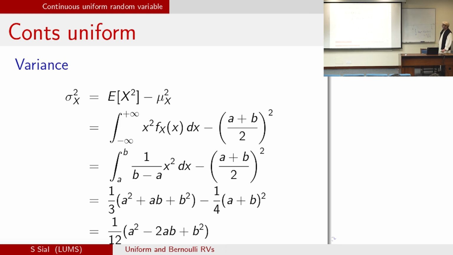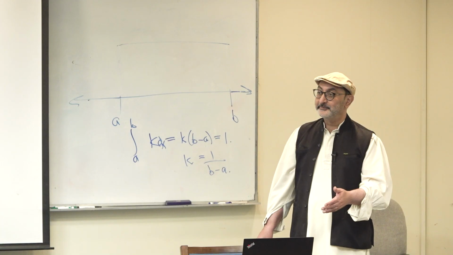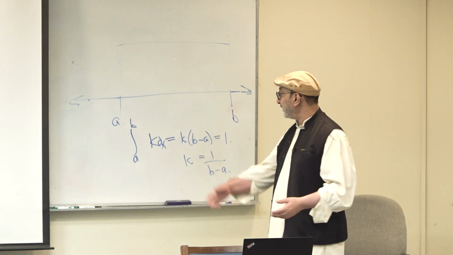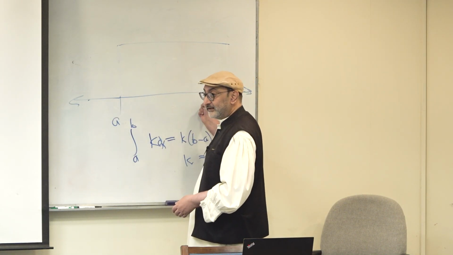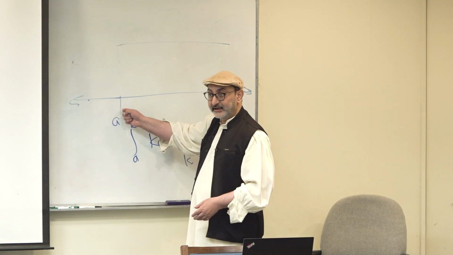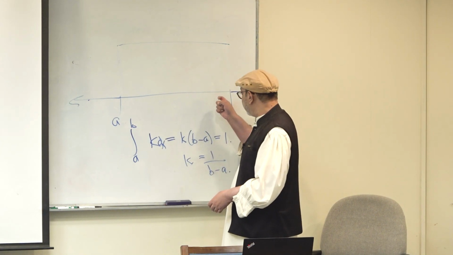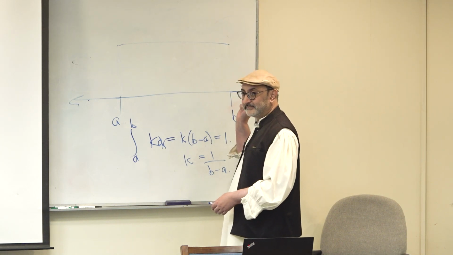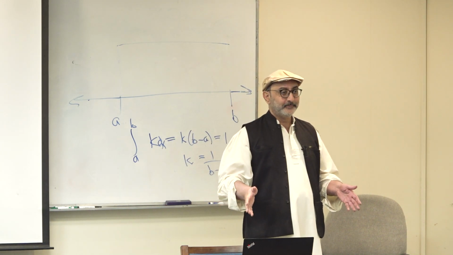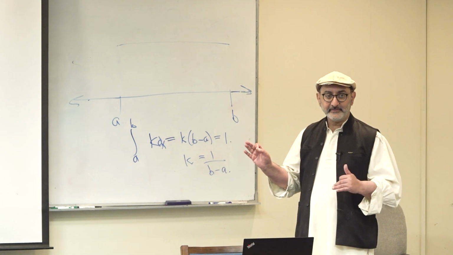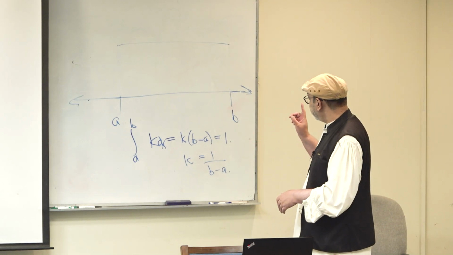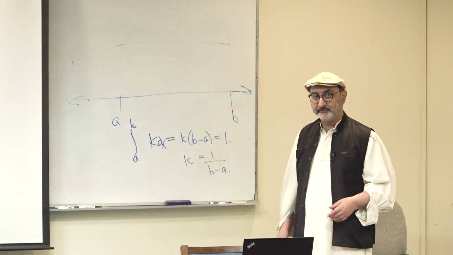Now, I don't bother to evaluate the integral outside of the interval, because that's just going to give me 0. I could break this up into 3 parts: the integral from minus infinity to a, plus the integral from a to b, plus the integral from b to infinity. You can break up integrals that way. But the integral from minus infinity to a is going to be 0 because of the form of the PDF, and the integral from b to infinity is going to be 0 because of the form of the PDF.